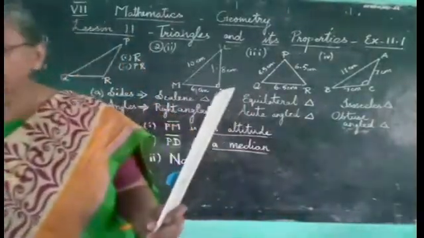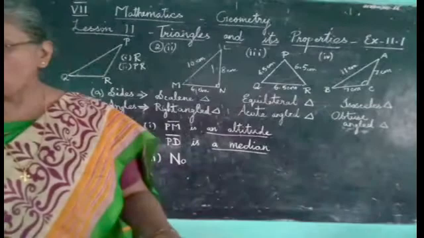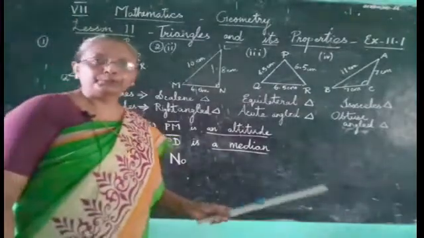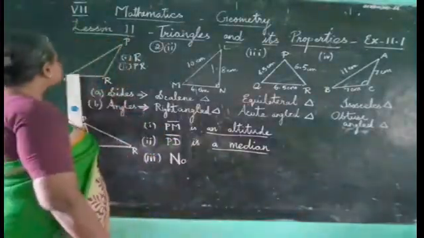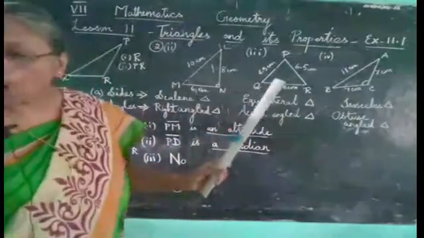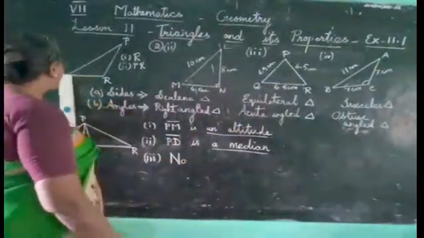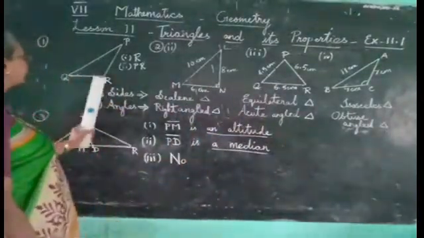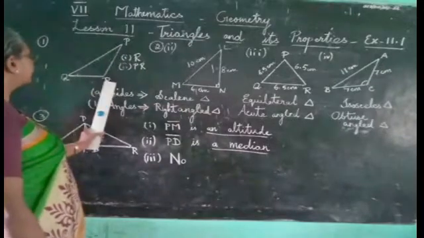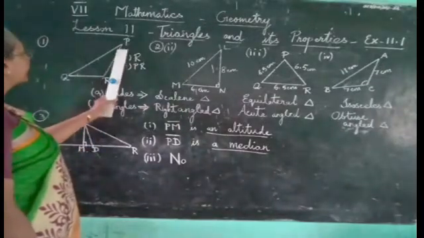The third one, name the angle opposite to side QR. Which is the angle opposite to side QR? Here side QR, and what is the angle opposite to that?